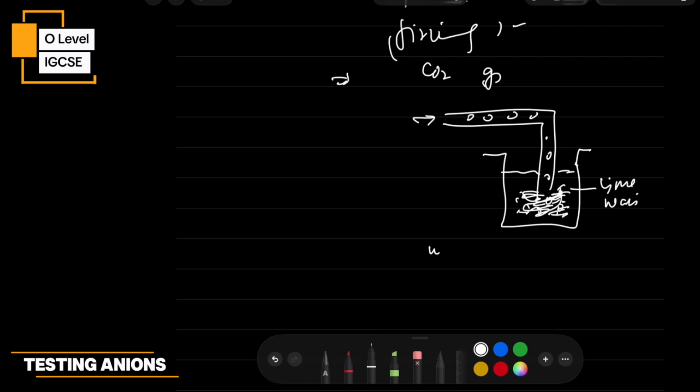CO2 will turn lime water milky. That is the test for CO2 gas.